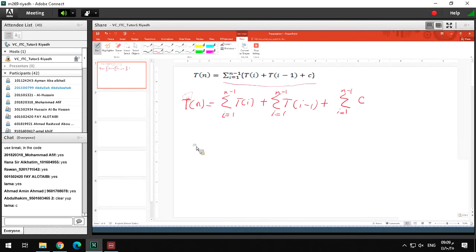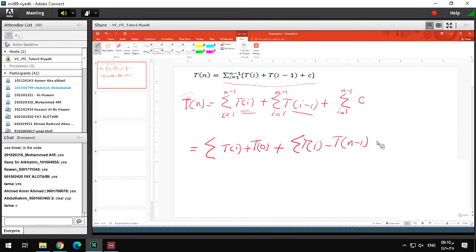Now this leads to the summation of every Ti being equal to summation of Ti plus T of 0, plus the summation of Ti minus 1, which in terms of n is the summation of Ti minus Tn minus 1 for the value of n.